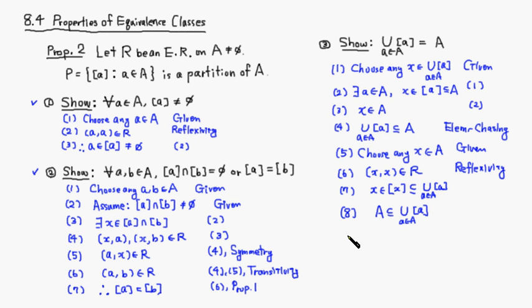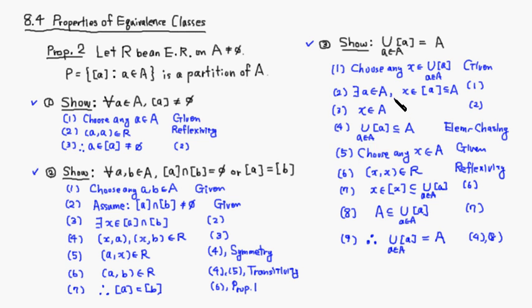I'm using line 7, and this comes from line 6. Therefore, the conclusion is that the union of all these equivalence classes is exactly equal to the entire set A. I'm using mutual containment, lines 4 and 8, which verifies that condition number 3 is satisfied.